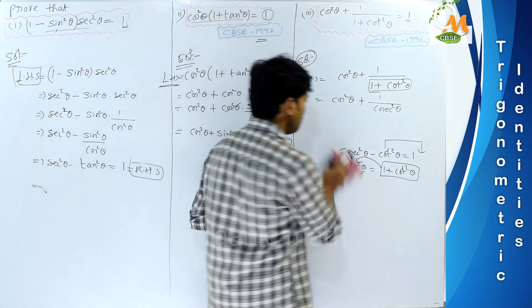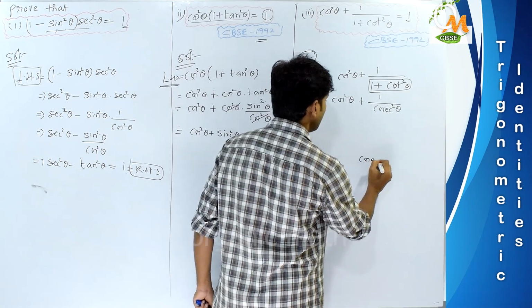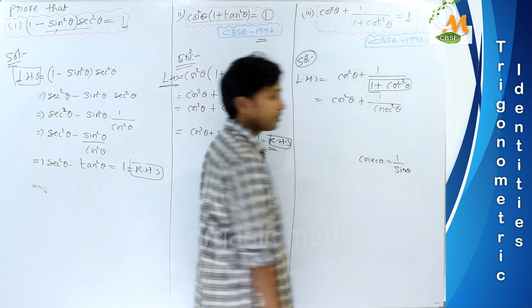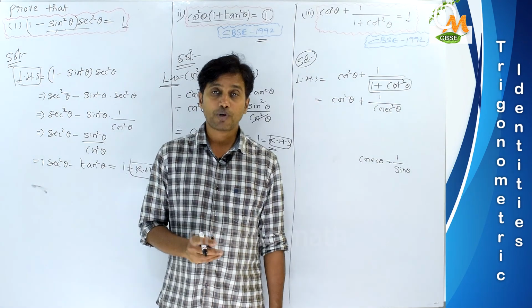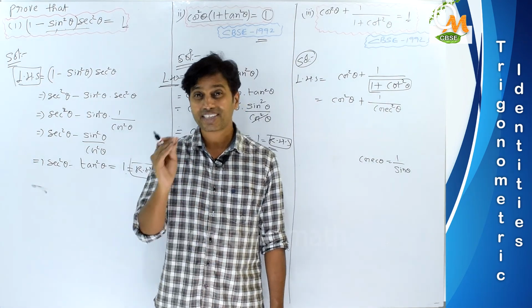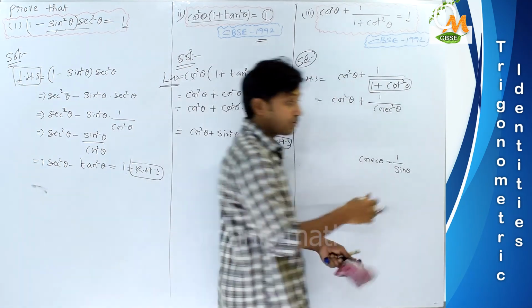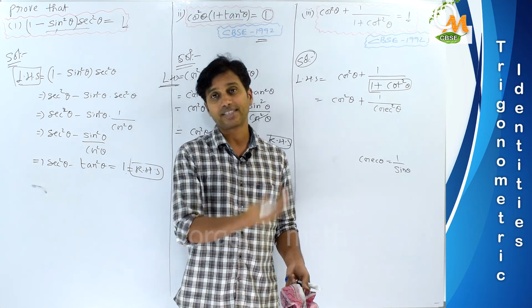Now, as you know, cosecant theta equals 1 by sin theta, can we write like this or not? Because cosecant theta and sin theta are reciprocals of each other from the basic trigonometric ratios. So sin theta can be written as 1 by cosecant theta, and cosecant theta can be written as 1 by sin theta.